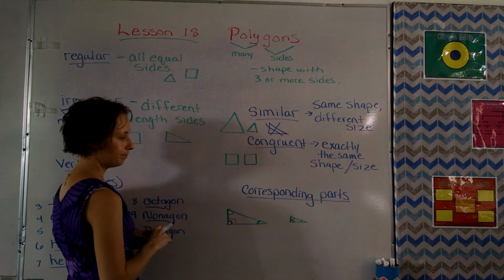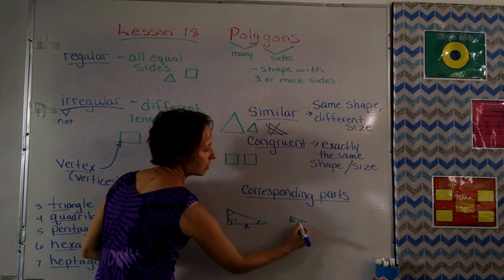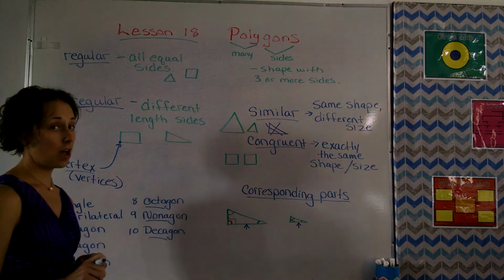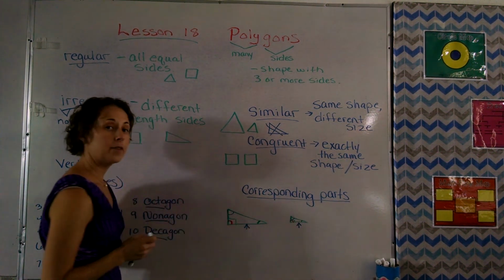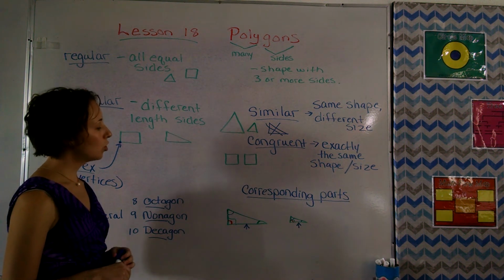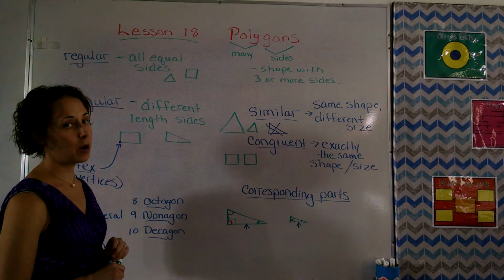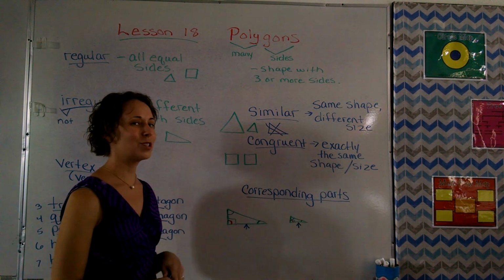They're in the same spot. I could say that this bottom side corresponds to this bottom side. They're not the same size, but they are in the same place on those shapes. So those are corresponding parts. When you do your work today, be on the lookout for corresponding parts. Make sure you turn the shapes so they're facing the same direction before you start looking for them.